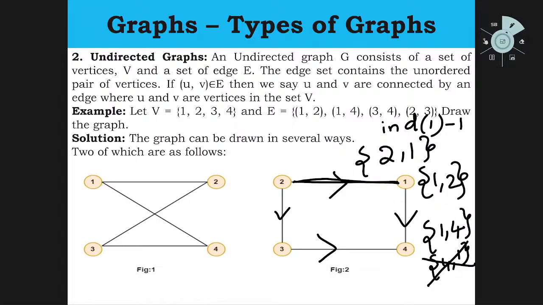How many out degrees does vertex 1 have? The edges going out from vertex 1 are called out degree. If you combine these two, it becomes the degree of the graph. We have done degree of the graph: degree of vertex 1, degree of vertex 2, like that. The edges coming towards a particular vertex are called in degree. The edges going from the vertex are called out degree. Clear?